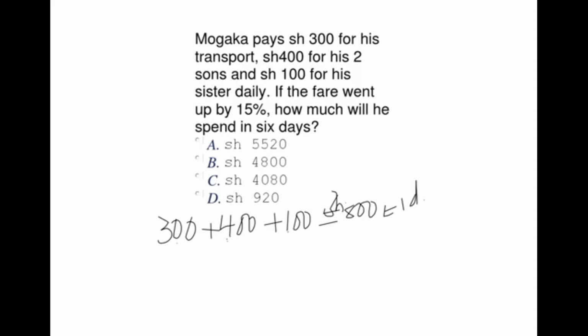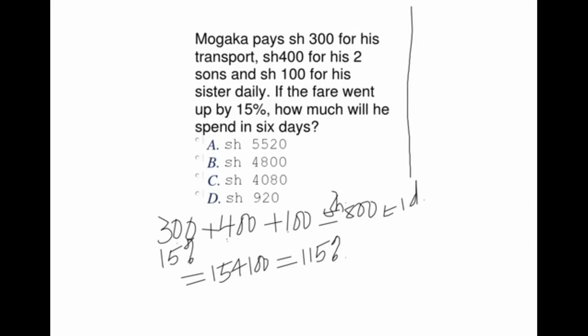Now we are told if there is a 15% increase, this means that we have 15 plus 100 giving us 115%. And always the fare is 800, which is 100%. What about 115%? Will give us what?